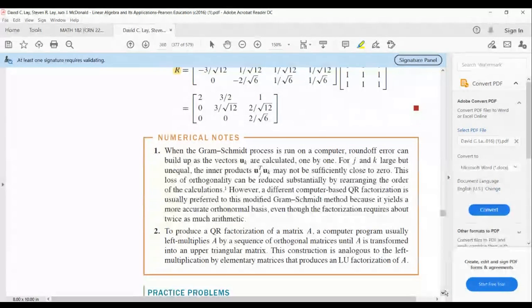They always have numerical notes. They mention here that when the Gram-Schmidt process is run on a computer, round-off error can build up as the vectors are calculated.